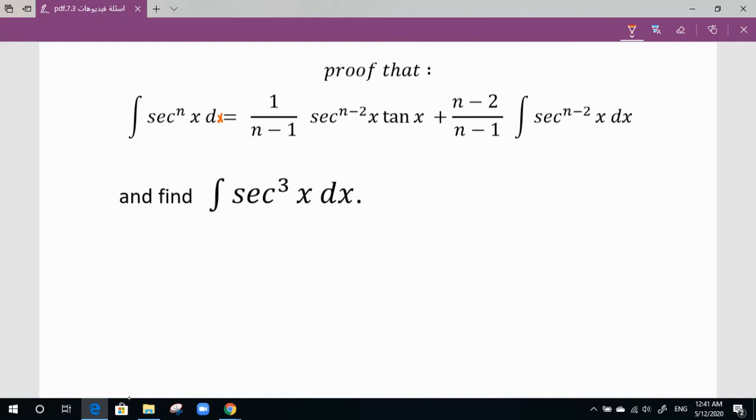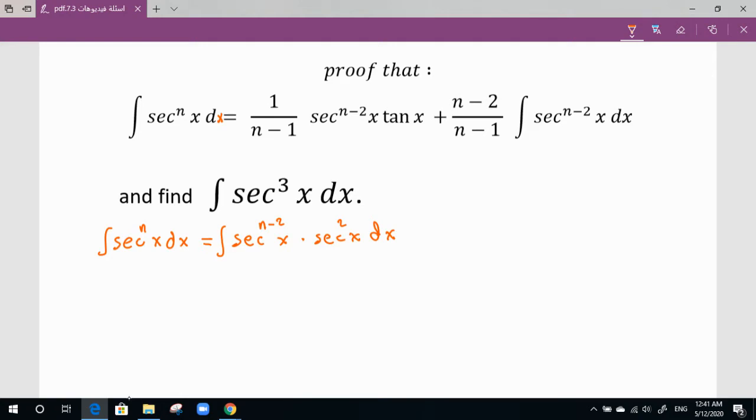So I will start my proof from the left side, which is secant to the power n x dx. First of all, I will write secant to the power n like this: secant to the power n minus 2 x times secant square x dx, because in multiplication the powers are added.